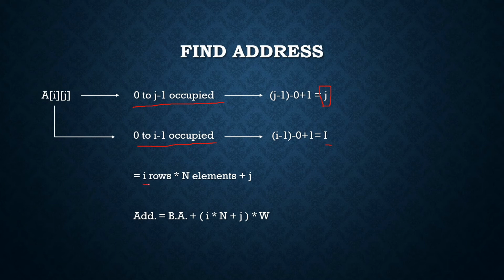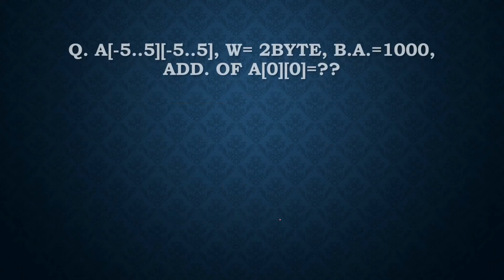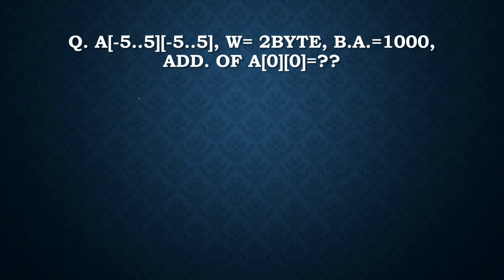So I rows into n elements plus j is the total number of elements that are filled up. So the final equation of address is equal to base address plus (I into n plus j) into w. W represents bytes.